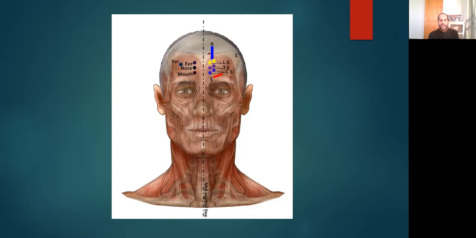The A point is located on the anterior hairline, the natural anterior hairline, where the occipital frontal ligament meets the frontalis muscle. As you can see here in the image, you have the frontal occipital ligament meeting the frontalis muscle.